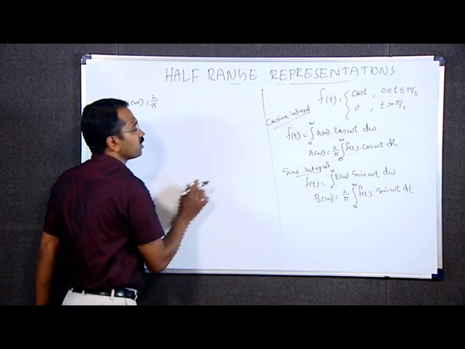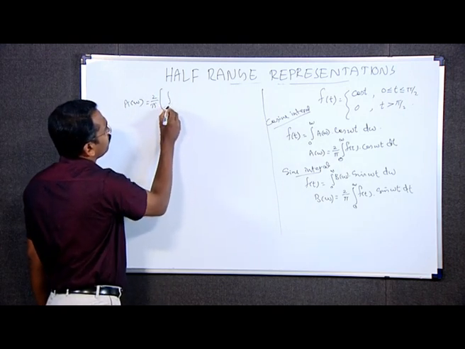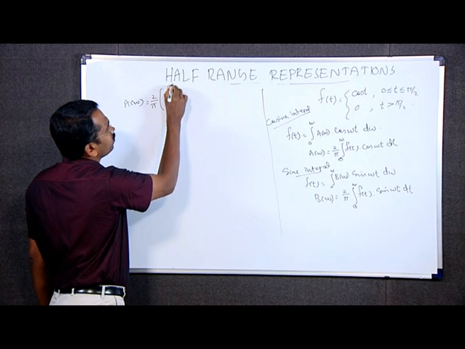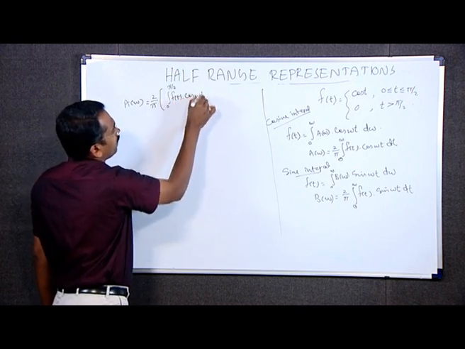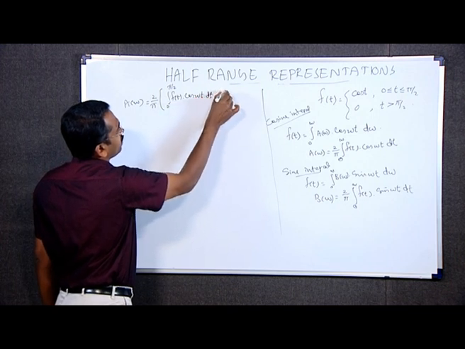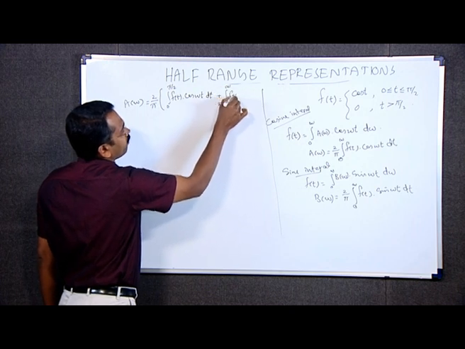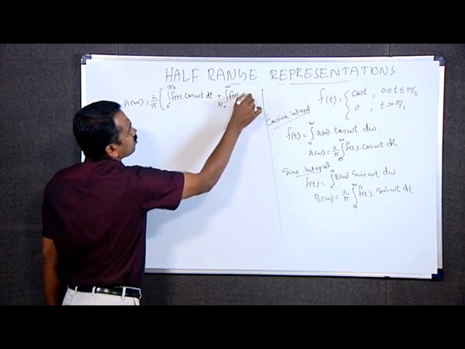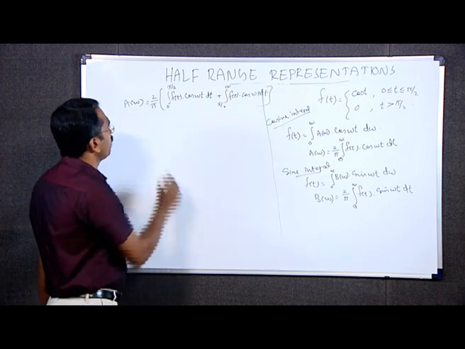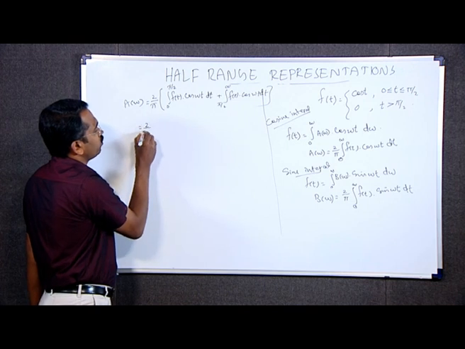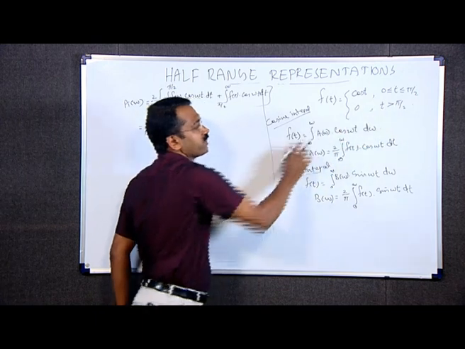Therefore, a omega is equal to 2 by pi into integral from 0 to pi by 2 f of t into cos omega t dt plus integral from pi by 2 to infinity f of t into cos omega t dt, which is equal to 2 by pi into, here the function is defined as 0 for t greater than pi by 2.